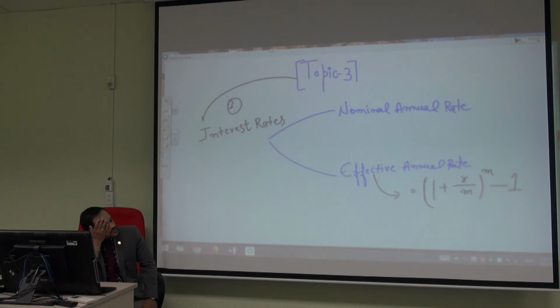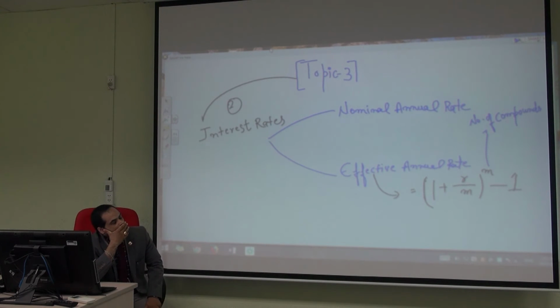So here R stands for rate and M stands for the number of compounds. Number of compounds, what does it mean?